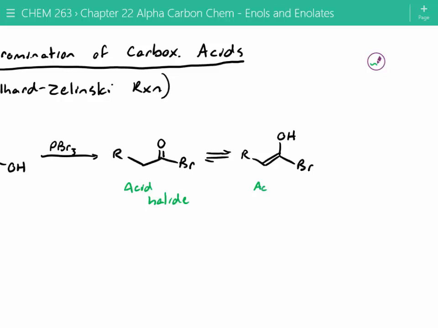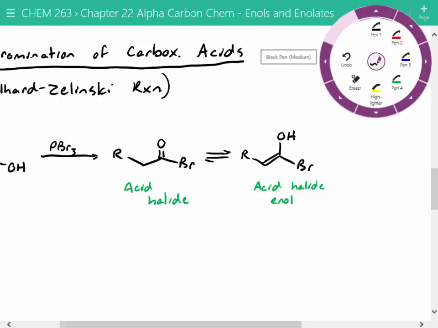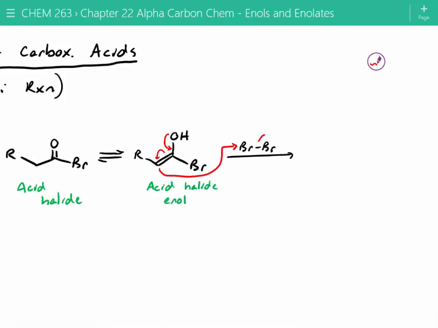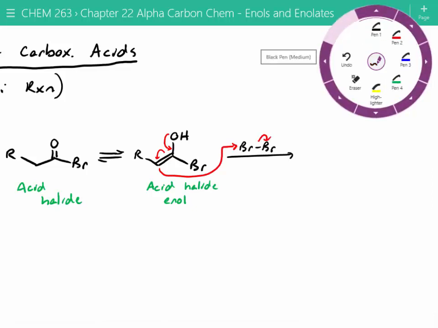And this is simply referred to as the acid halide enol. Doesn't have a new special name. Now the nice thing with this reaction is that you can do the alpha bromination. So this oxygen will kick down, kick over electrons, and attack the bromine.